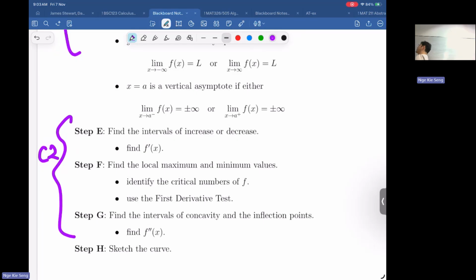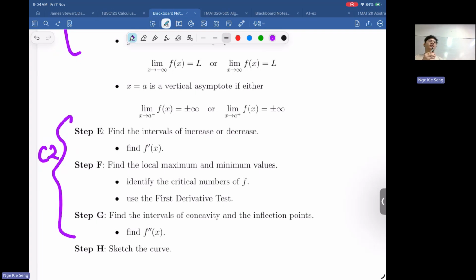But since we are already using the first derivative in E, the first derivative test is better so as not to involve too many calculations. G is to check the concavity, whether it is concave upward or concave downward. Do you still remember what concave upward and downward are?